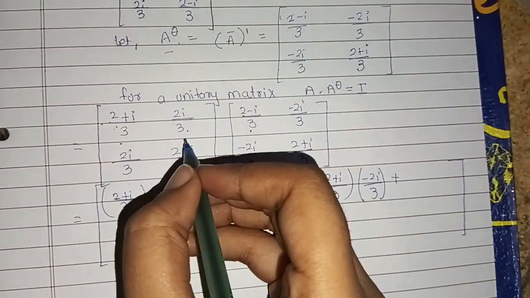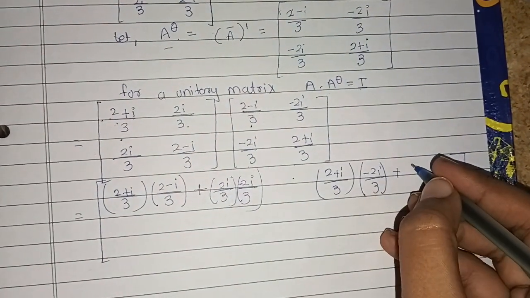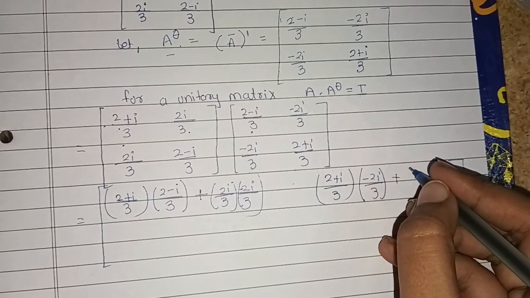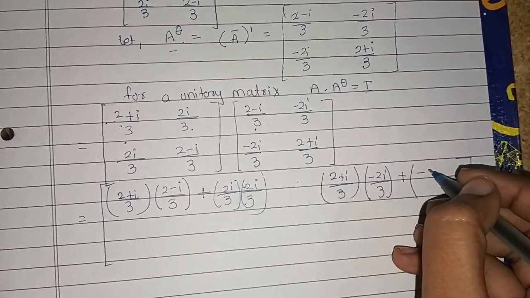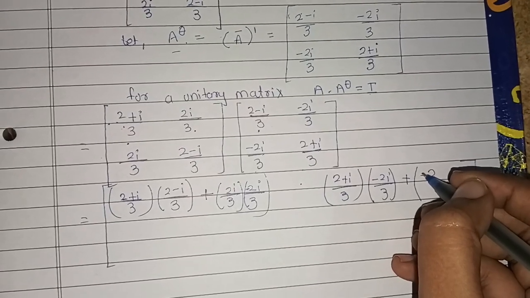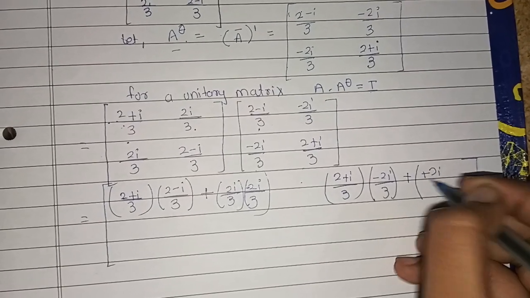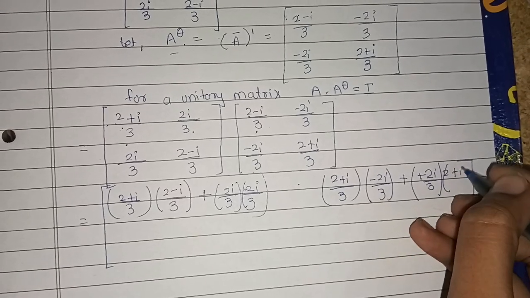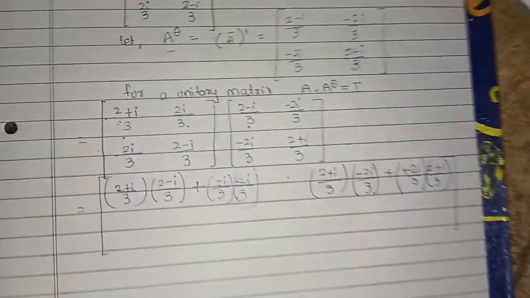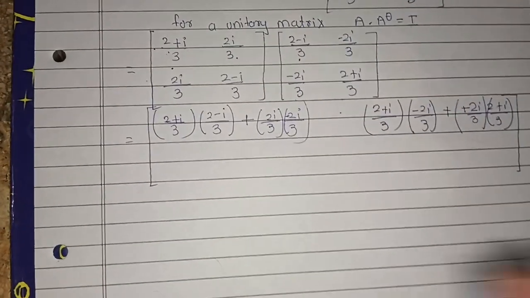Now plus multiply this with this, so that is your plus 2i by 3 into 2 plus i by 3. You can interchange, it doesn't matter, the answer would be the same.